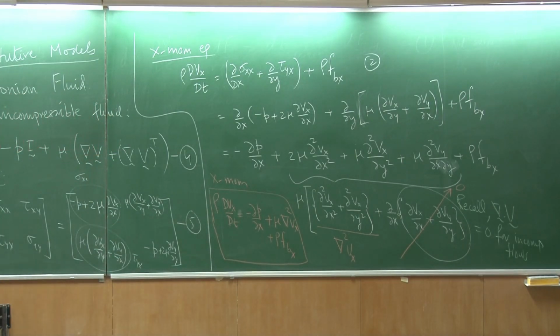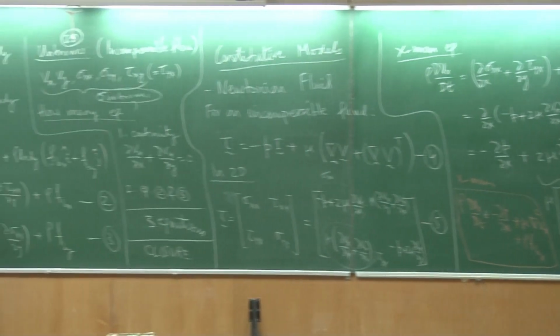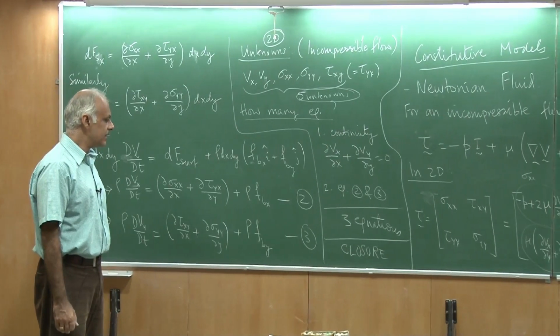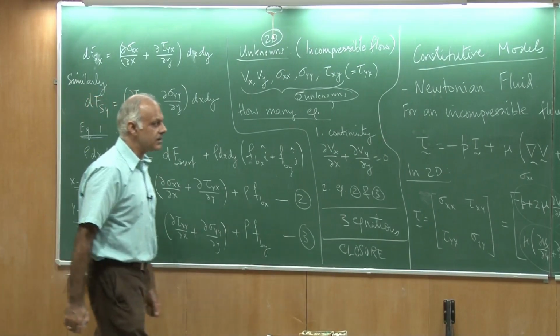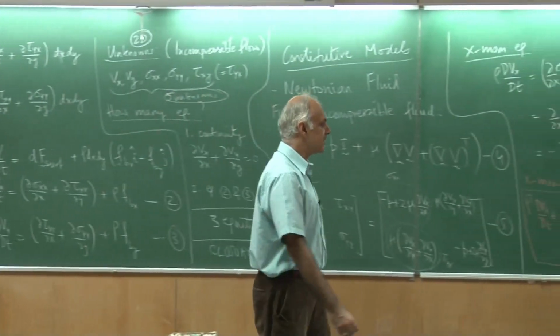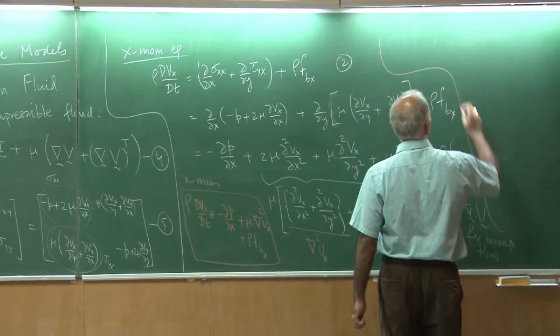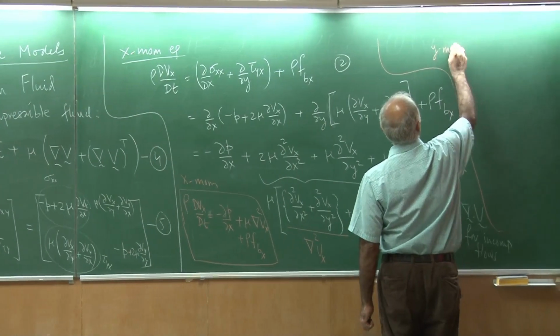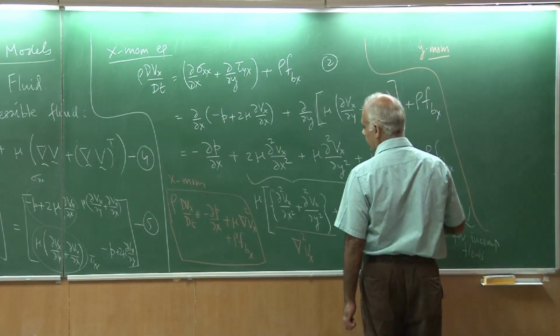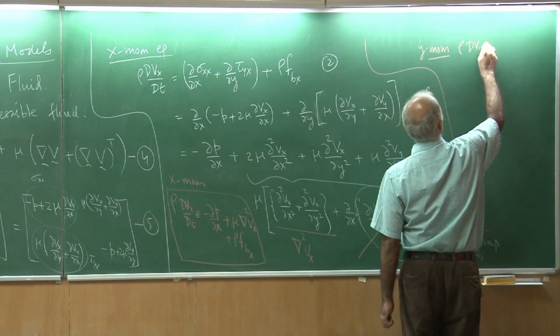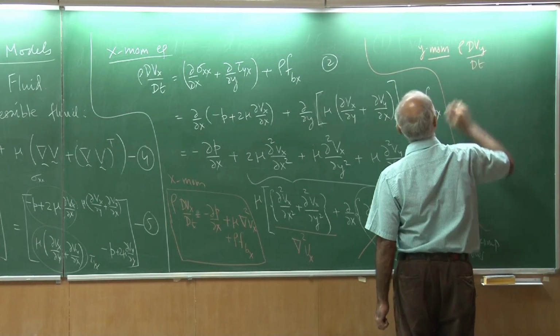I can now try to do the same thing for the y momentum equation. So I request that you please do this on your own. It's very easy to work it out, but I am going to give you the final result. So the y momentum equation is going to be rho dVy by dt.